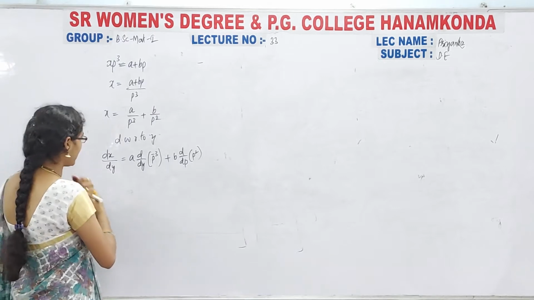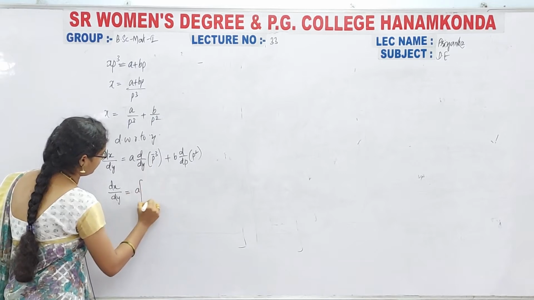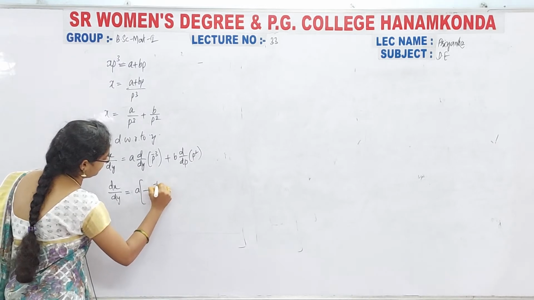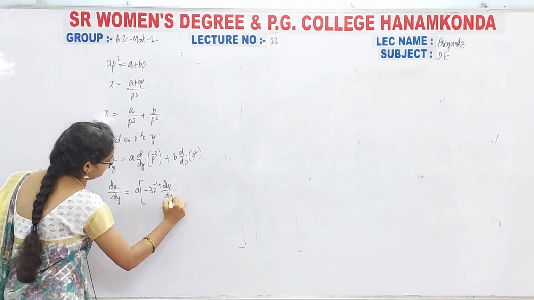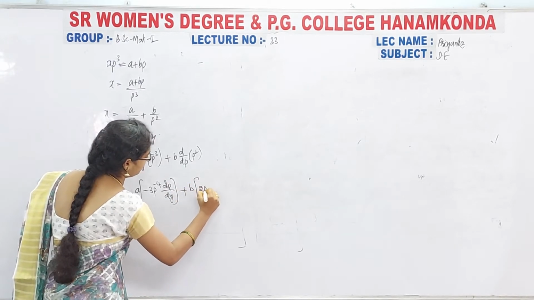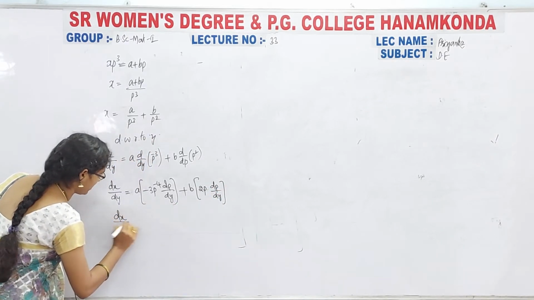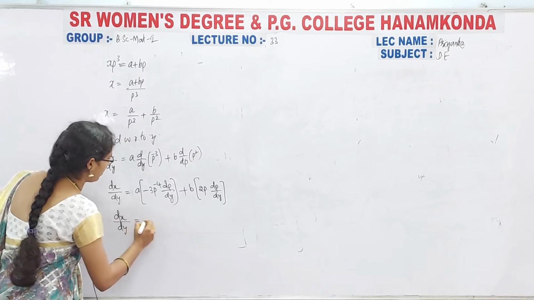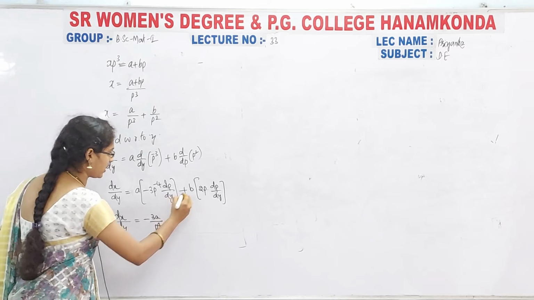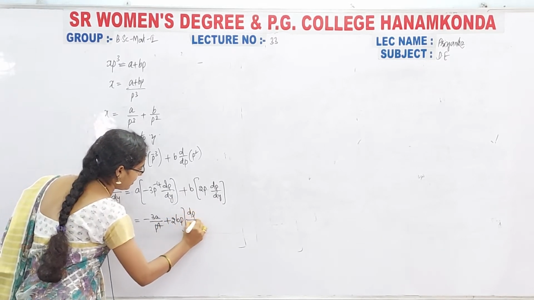So now what we get is dx by dy equal to a of minus 3 into p power minus 4 into dp by dy, plus b of 2 into p into dp by dy. So dx by dy is equal to minus 3a by p power 4, plus 2bp of dp by dy.